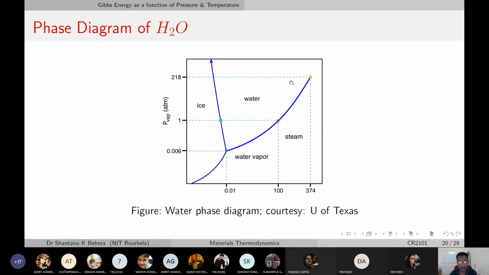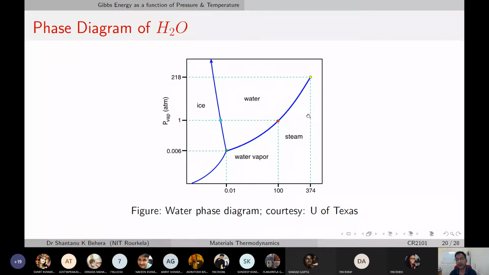And so below this critical temperature, you can have a water or liquid phase and a vapor phase in equilibrium. With the application of pressure or temperature, you can reach an equilibrium between two phases, that is the liquid phase and the vapor phase.